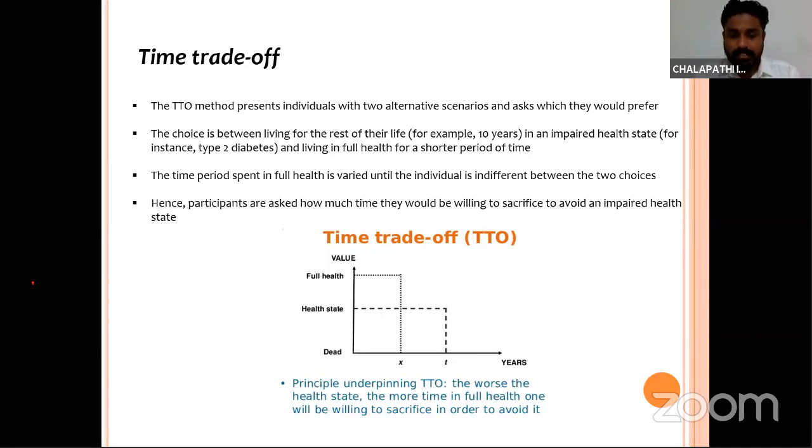On the x-axis, you can see the years of life he gained, the time in years, will be marked. When you look at the y-axis, the health status will be marked. So now, I'll give you a simple example. I have two interventions.